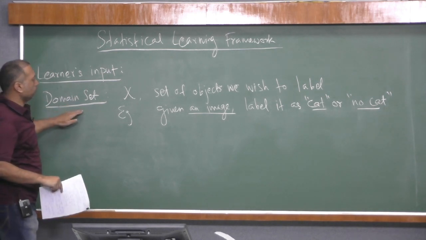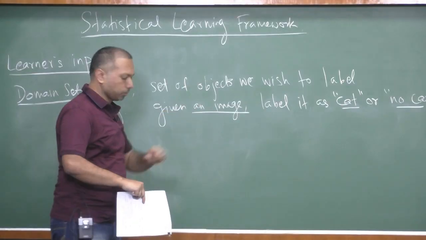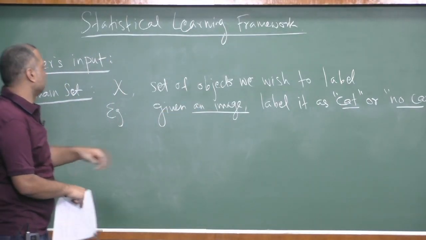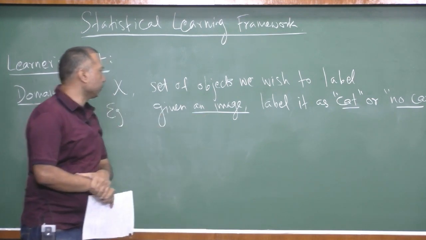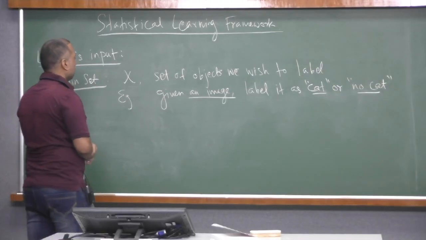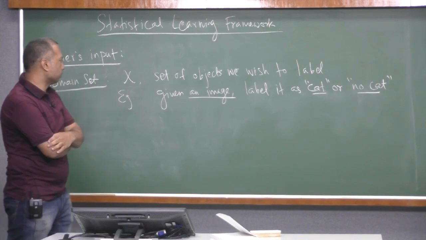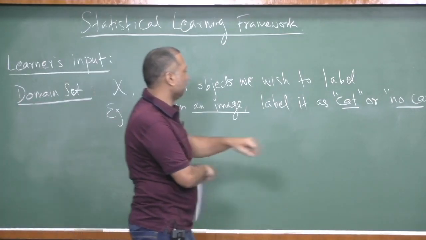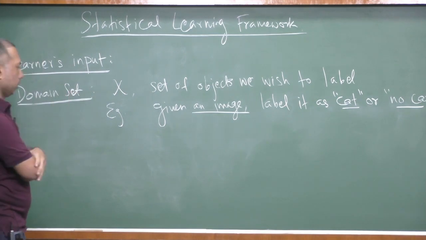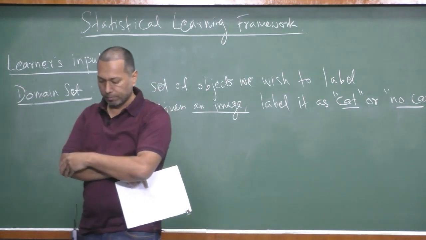So the domain set will be a set of objects. In this example, the set of objects is a set of images. But we can think of many other examples also. This could be a paragraph of some textbook, and we may want to label it as being about some topic. Let's say something from maths, like a paragraph about the compactness of a set.